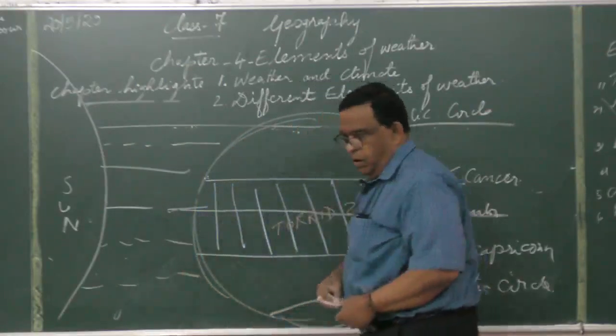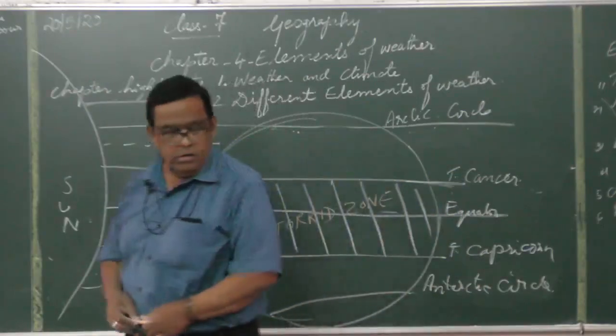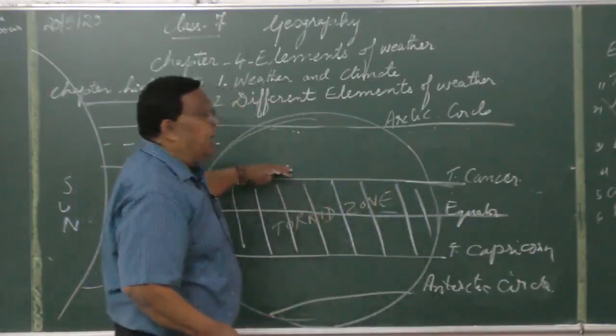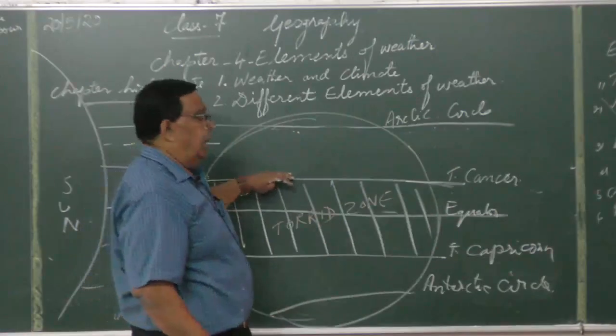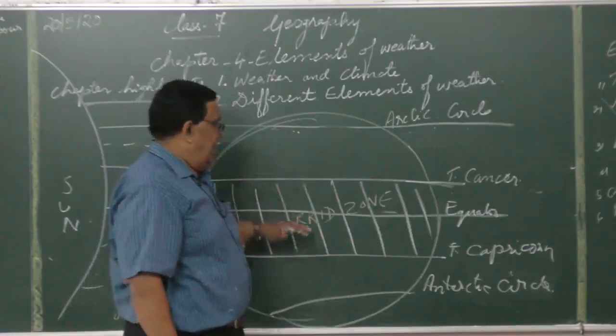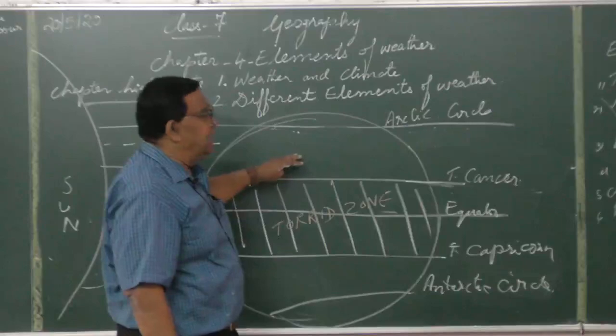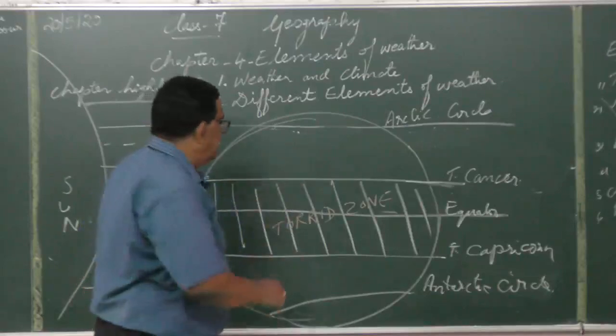And then we have above it, here our Earth is not as hot as it is in the torrid zone. Here the climate is the temperate zone.